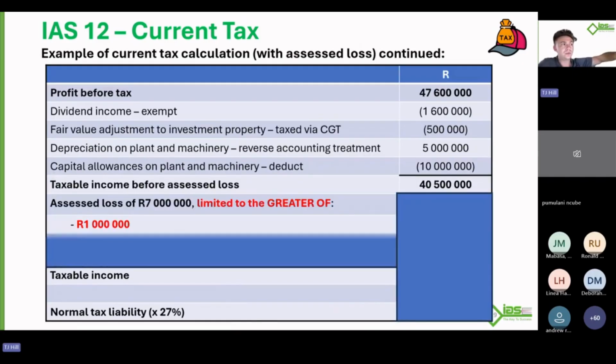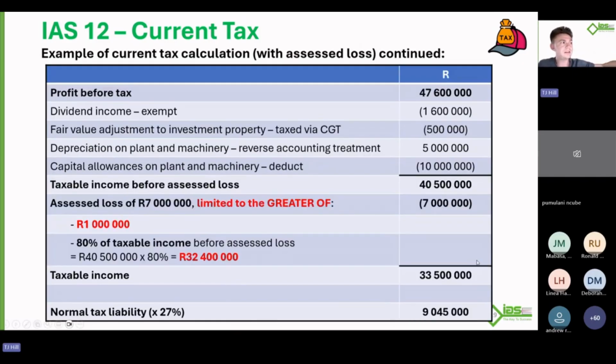That I knew is going to, look at what the 7 million is doing this year. It's reducing my tax. So at the end of 2024, I had this 7 million that I know is going to go and reduce my tax next year by 7 million times 27%. Is that not then an asset to me?